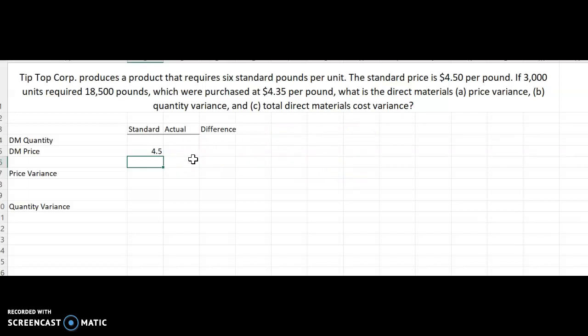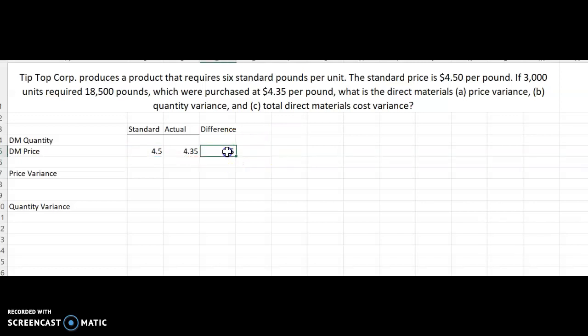So that is our actual price. So I'm going to put $4.35 here. So now I'm able to get my difference, and I can see that I actually paid less than what I expected. So this is actually a favorable variance.